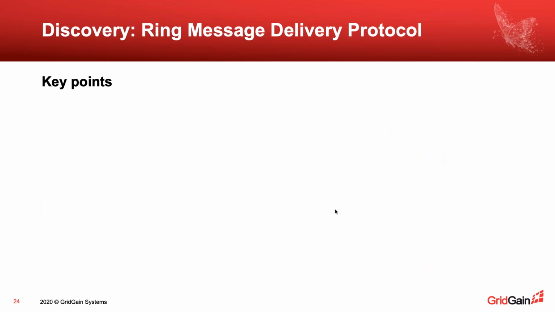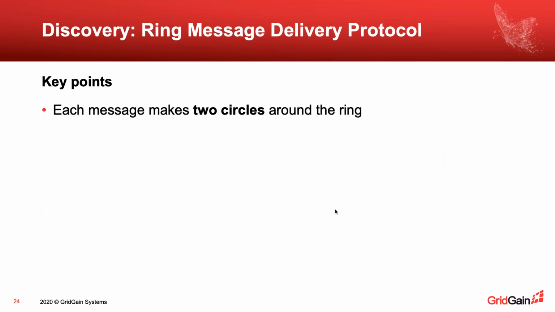So, key points from what I have just described. First, the message makes 2 circles around the ring. The first circle is for the message to be delivered to the coordinator, and the second circle is for the message to actually be processed.